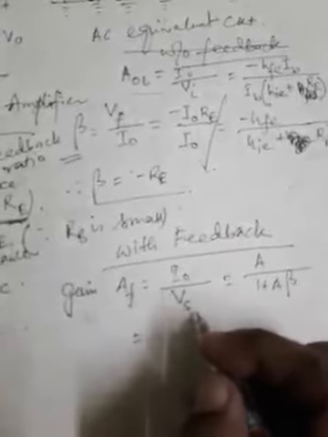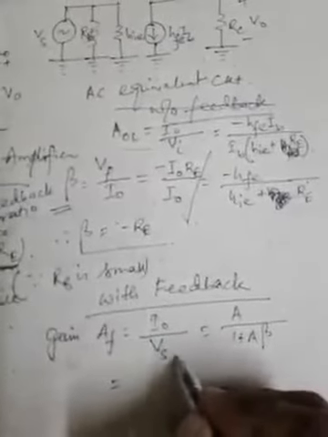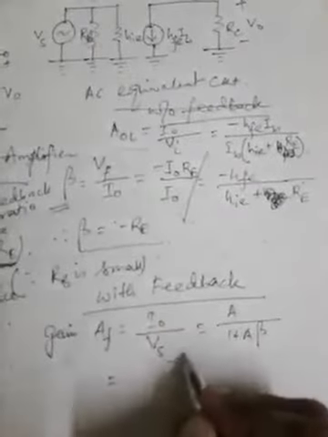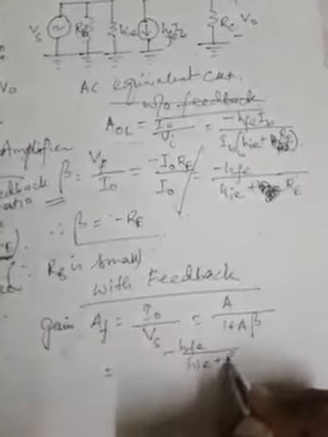So if we substitute that, minus HFE divided by HIE plus RE is in the numerator.